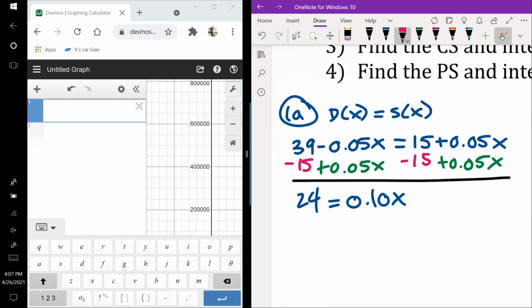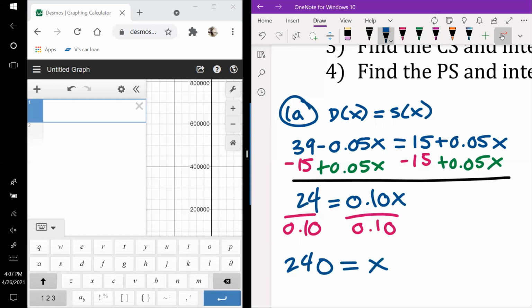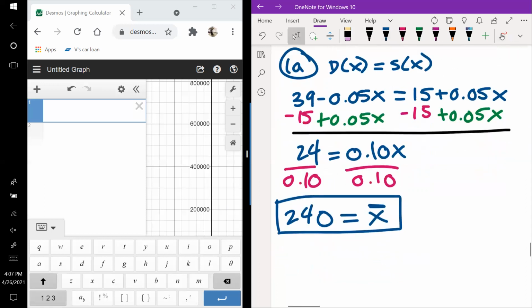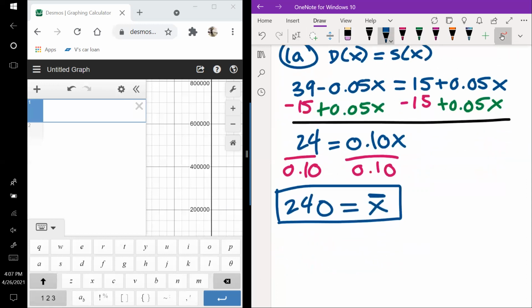Okay. Divide by 0.10, and that should give us 240 equals x. But now this is going to be considered x bar. So we have now found the equilibrium quantity. This is the EQ. Okay.